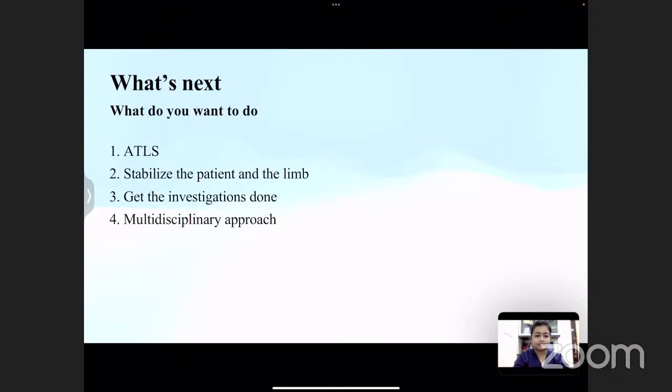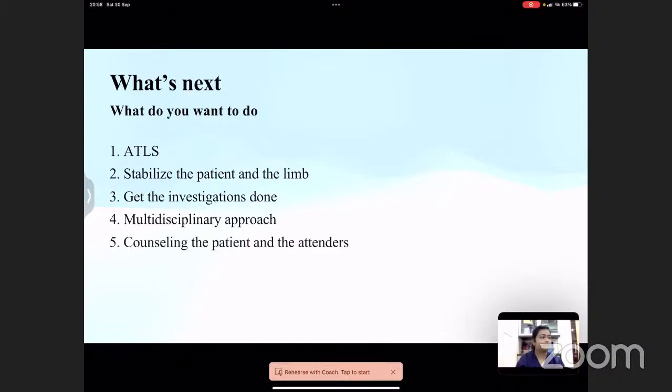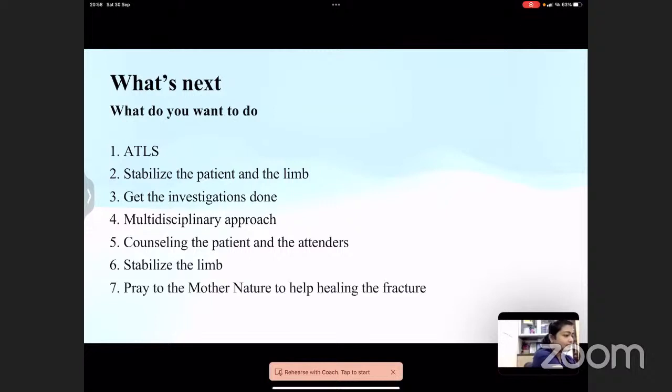We also alert the vascular surgeon if there is an injury to the brachial artery at its junction, to repair it when we are doing the procedure. So the multidisciplinary team approach is very important, along with counseling the patient and attenders and stabilizing the limb. And the last very important thing is to pray to Mother Nature to help heal the fracture.